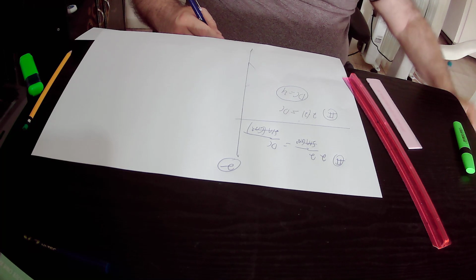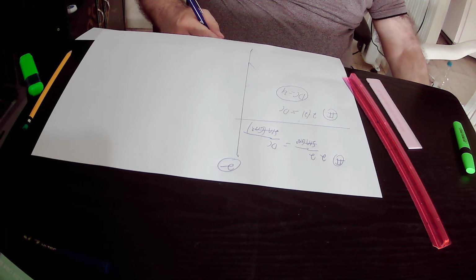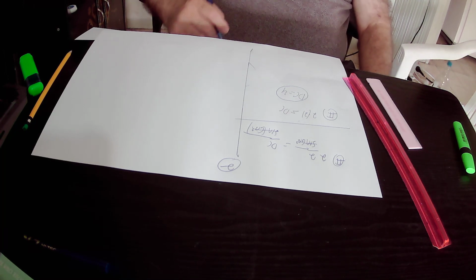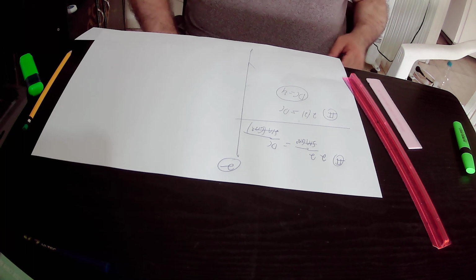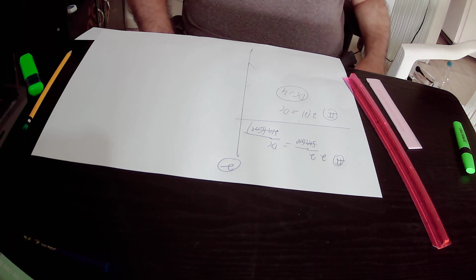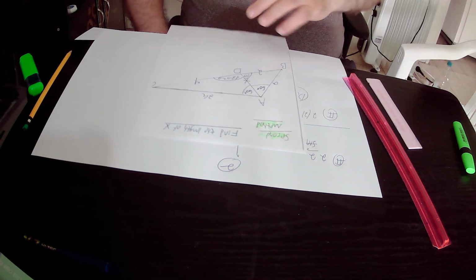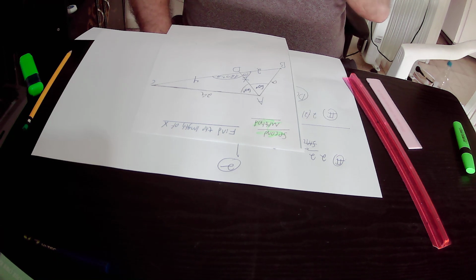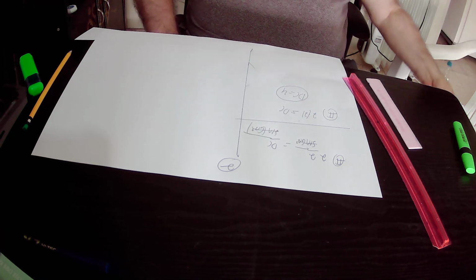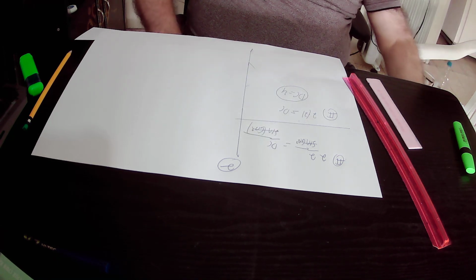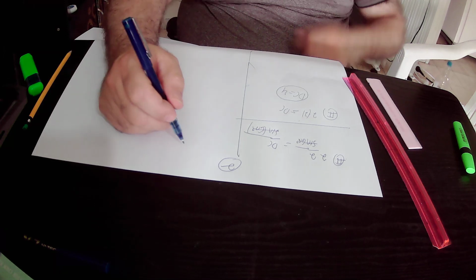In the next step, I will present to you shortly the law of cosines, and we will implement the law of cosines in this triangle ABC. So what is the law of cosines? The law of cosines is true in any triangle.